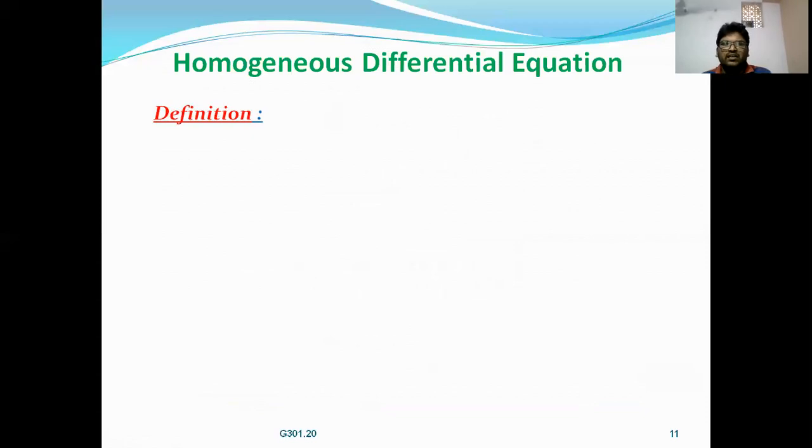Before this definition, we have to discuss the homogeneous function. We discussed the homogeneous function before, and now we are discussing the homogeneous differential equation.